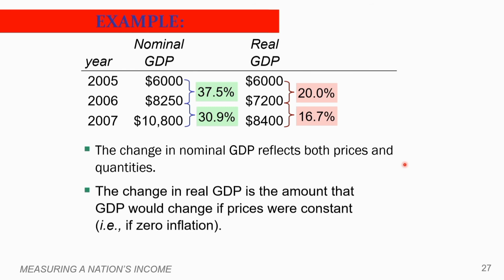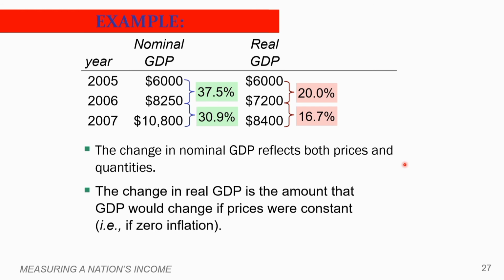The change in real GDP is the amount that GDP would change if prices were constant or if there is zero inflation. Again, real GDP is the value of production that is corrected for inflation. So in 2005 to 2006, the actual increase in total production is only 20%, not 37.5%.